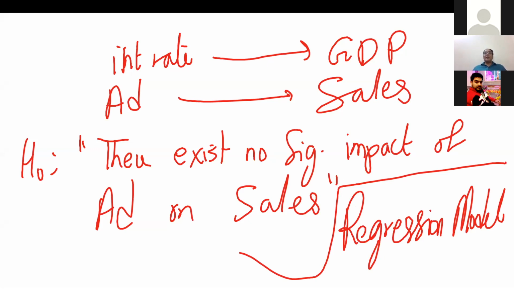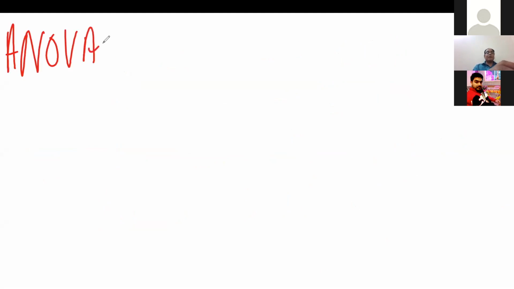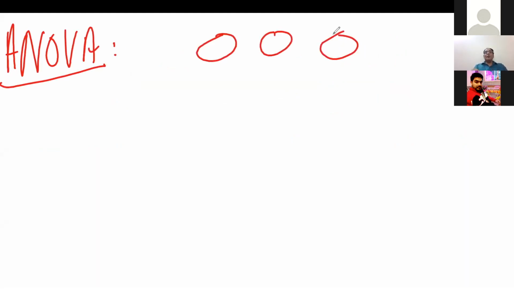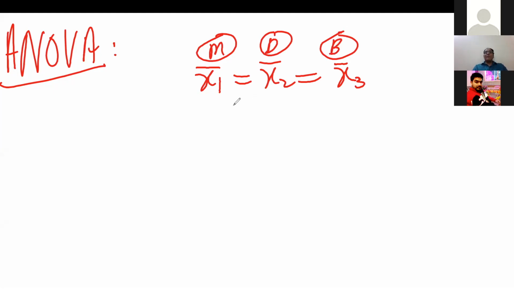So this is the null hypothesis for regression, and after that the hypothesis I'm taking is of ANOVA. In ANOVA we have three or more groups, and we want to check whether the averages of all the groups are the same. For example, I am taking Mumbai, Delhi and Bangalore, and I want to check whether the average recovery rate from corona in the cities is equal or not.